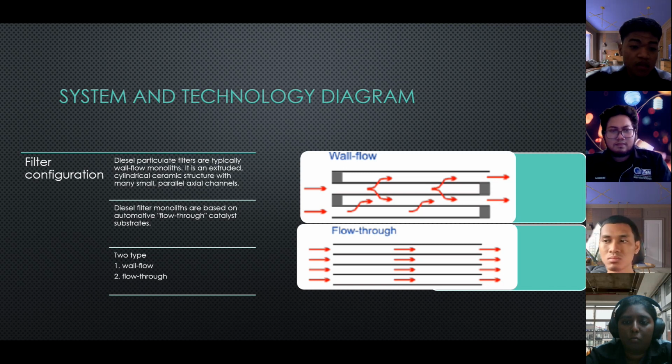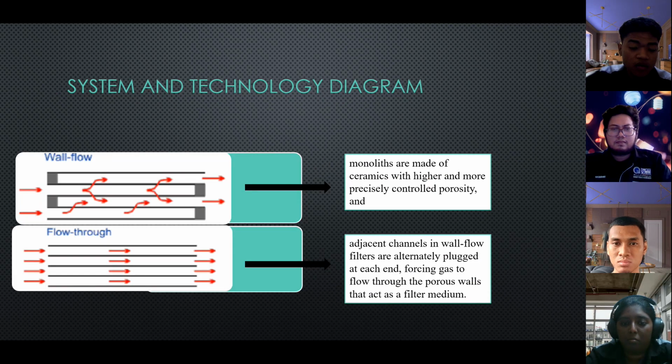The second type is diesel monolith based on automotive flow-through catalytic substrate, as in figure number 2. Monoliths are made of ceramic with higher and more precisely controlled porosity. The channels in a wall flow filter are alternately plugged at each end, forcing gas to flow through the porous wall that acts as a filter medium.